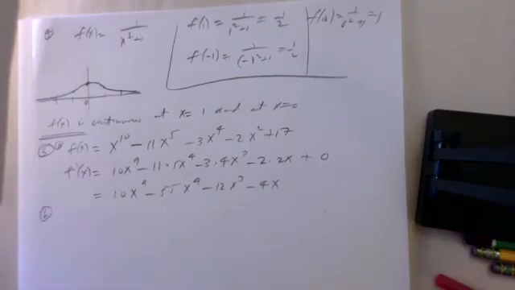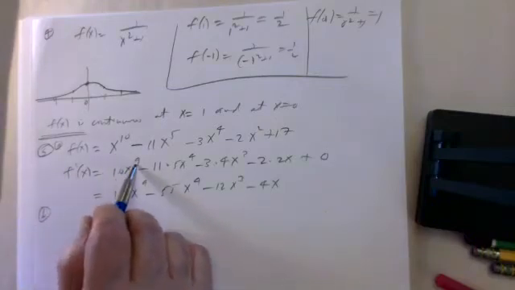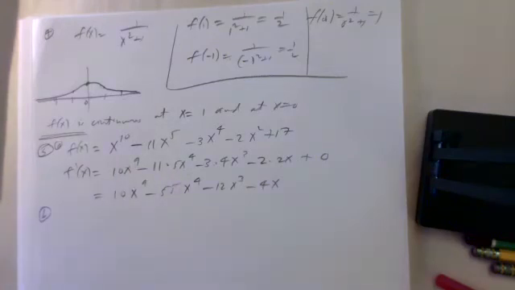Excuse me, Professor. So what is next to the 10x over 9? There is no 10x over 9. Oh, sorry. Is that a 4? It's 10x to the power 9. Yeah, 10x to the power 9.